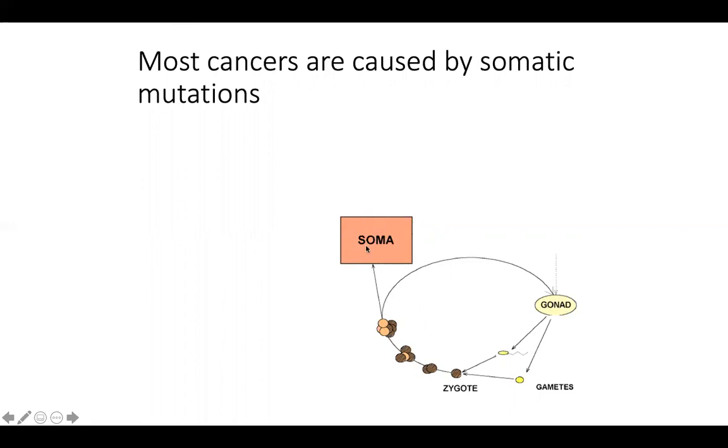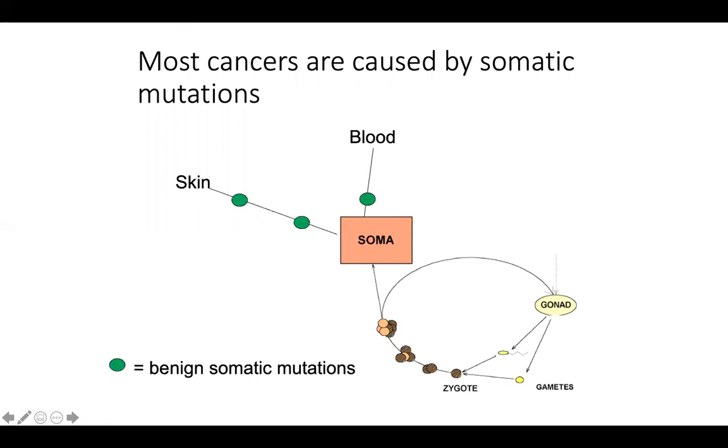And these cells don't actually contribute to reproduction. So any mutations that happen in these cells are actually never passed on to the offspring of animals. And in this case, right, the soma differentiates, and at one point we're forming cell lines that lead to skin and cell lines that lead to the blood cells.